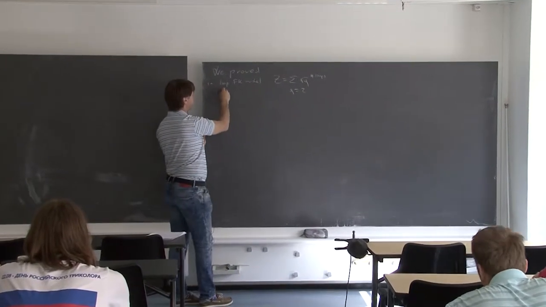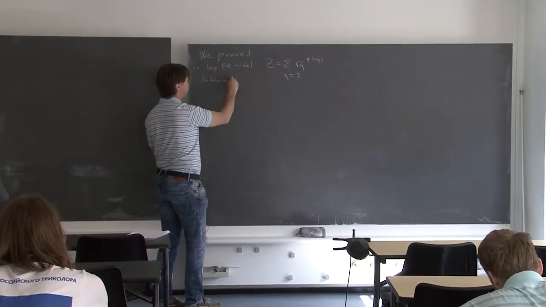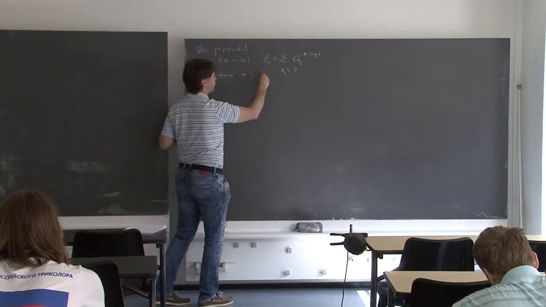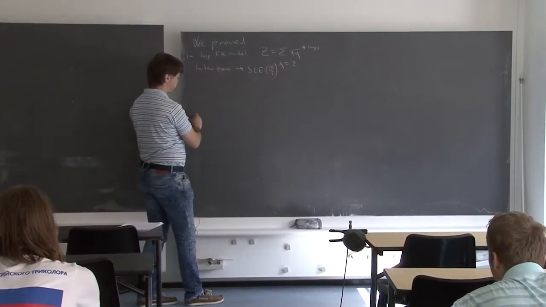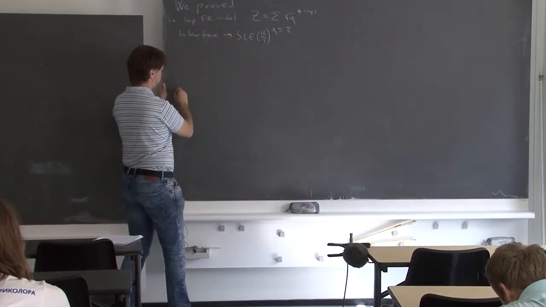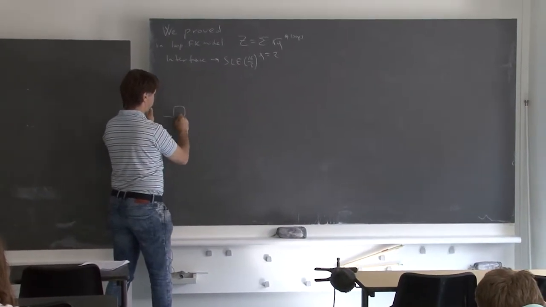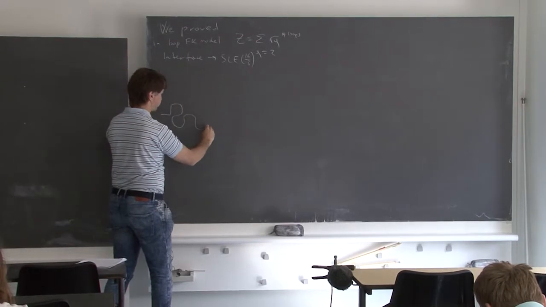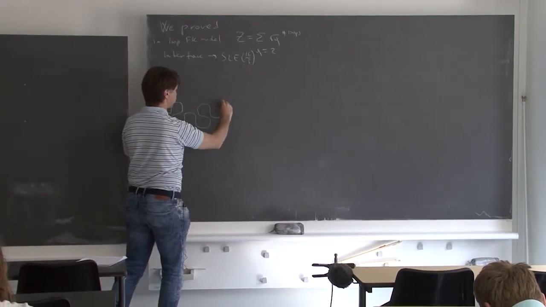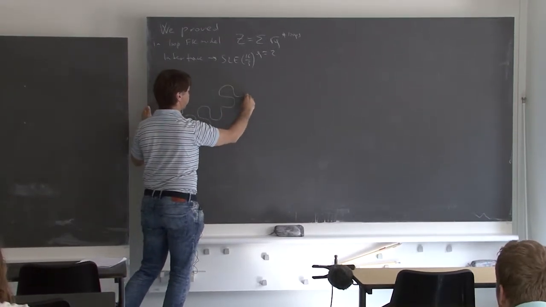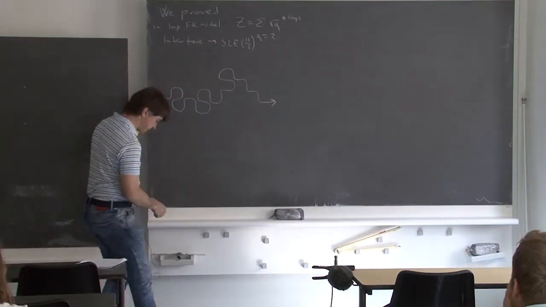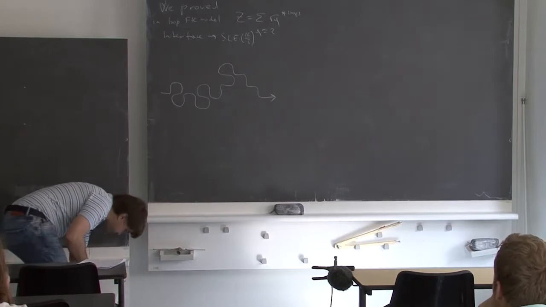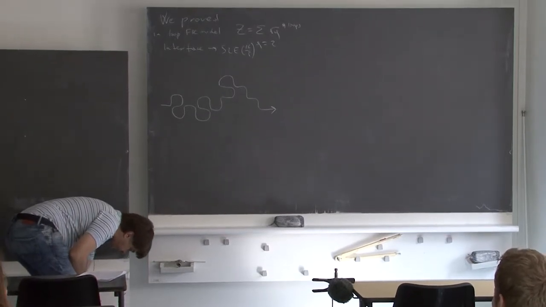We have shown that the interface converges to SLE 16/3. So the setup was that we have a domain, and then we have a picture which goes roughly like that, and then this interface is SLE 16/3.